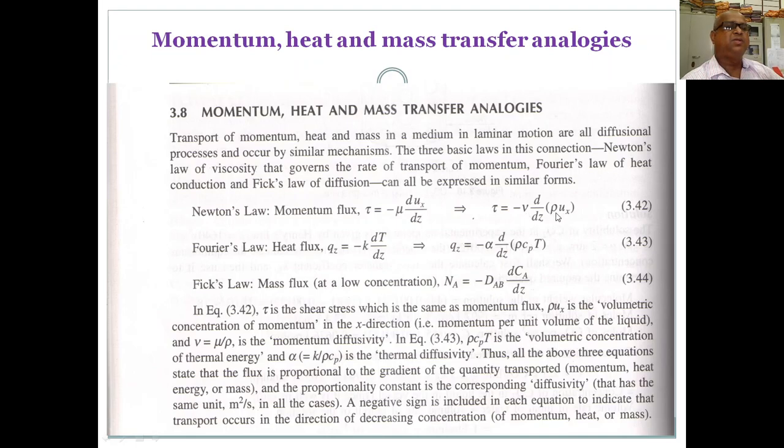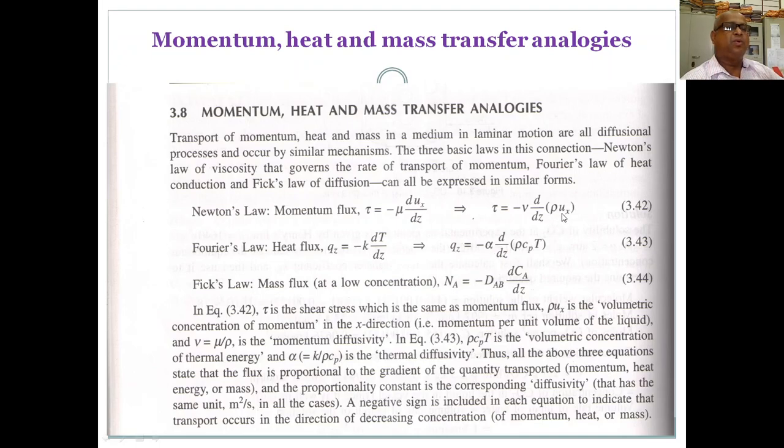So rho into u x is the momentum per unit volume, because rho is kg per meter cube, so this is mass per unit volume into velocity. Or it is called the volumetric concentration of momentum.